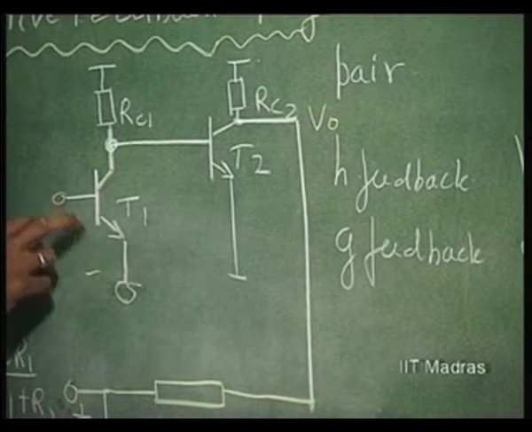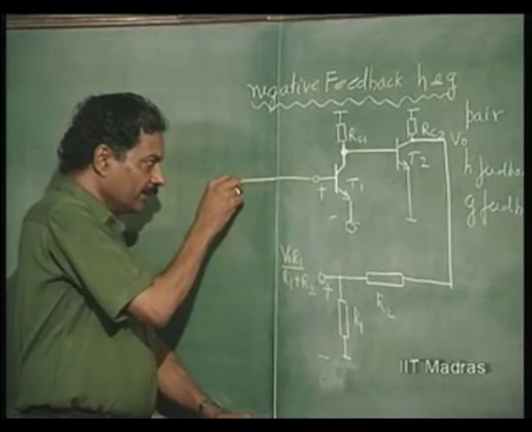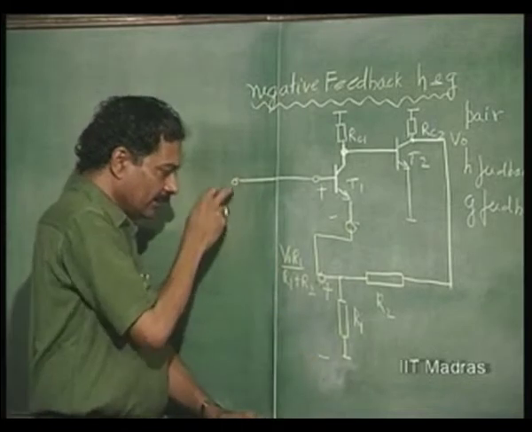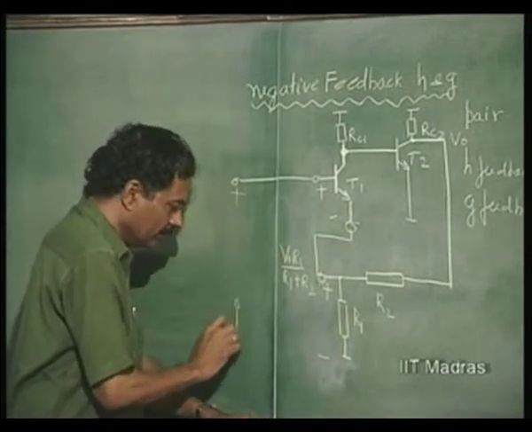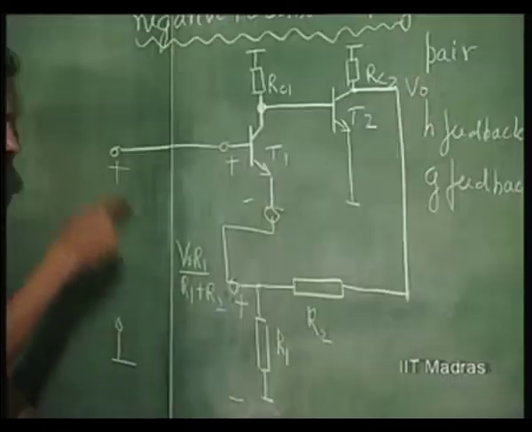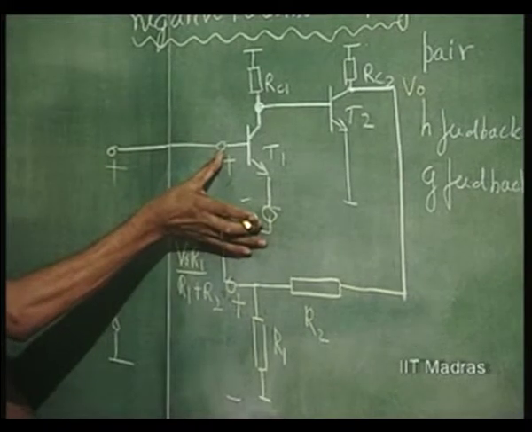Therefore, this voltage and this voltage, they are in phase. That is why if I now apply this in series with this, for the new input, these two will be coming in series and this feedback voltage will be opposing the input voltage. That is why it is negative feedback.